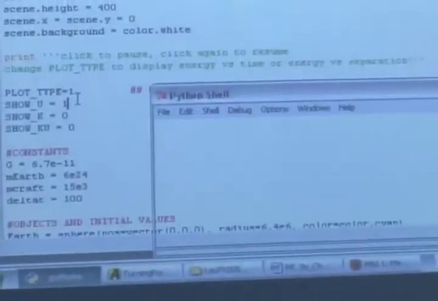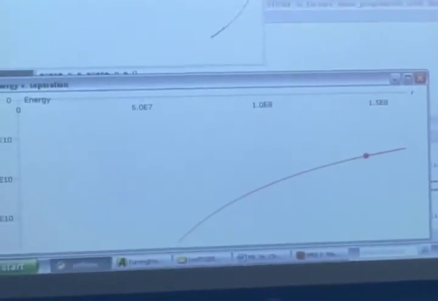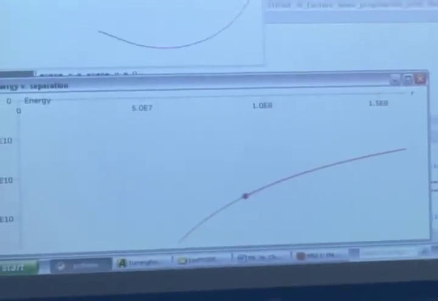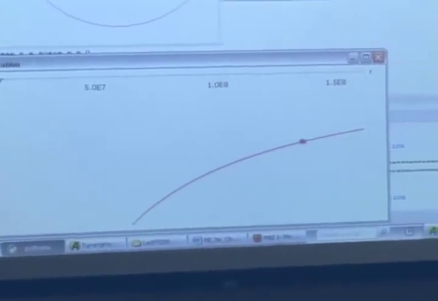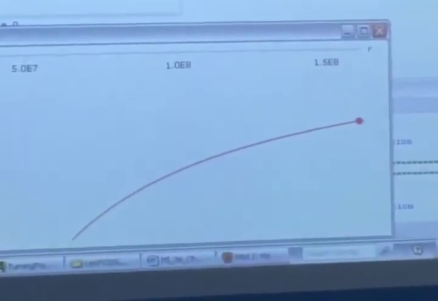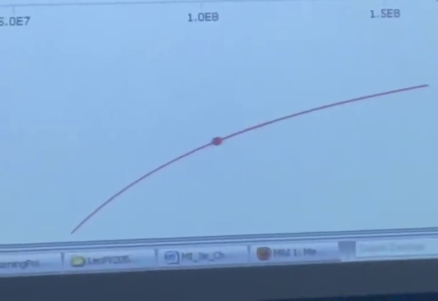So we'll say show gravitational potential energy. Okay, so it's plotting gravitational potential energy. So we've got this little dot moving on the graph showing the value of U. Is that making sense?